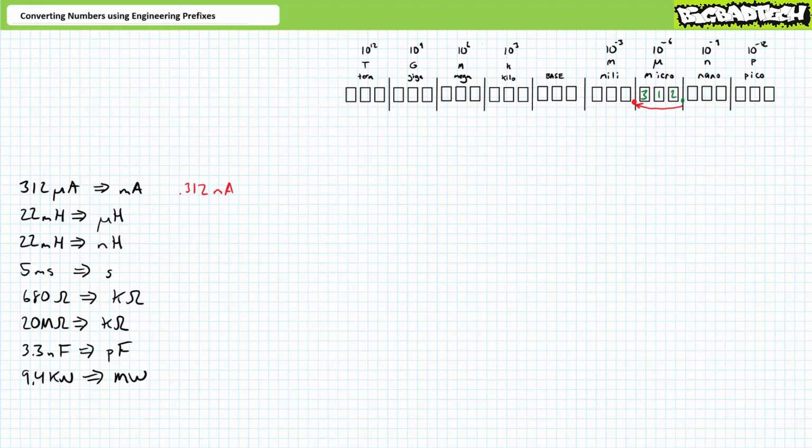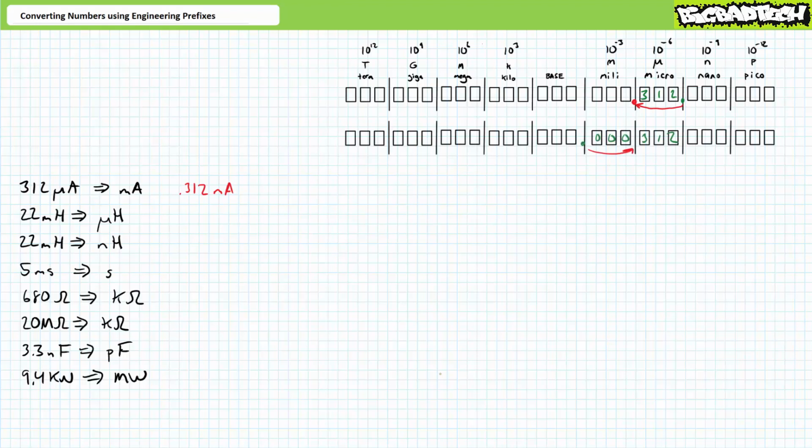Keep in mind, you don't always have to shift directly from one prefix to the next, but rather one can also use the base unit as an intermediary. This makes a great way of checking your work. For example, 312 microamps in the base unit of amps necessitates the shift 6 steps left, so 312 microamps is equivalent to 0.000312 amps.